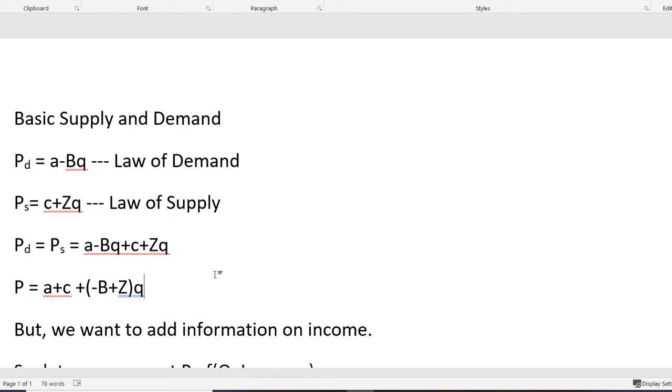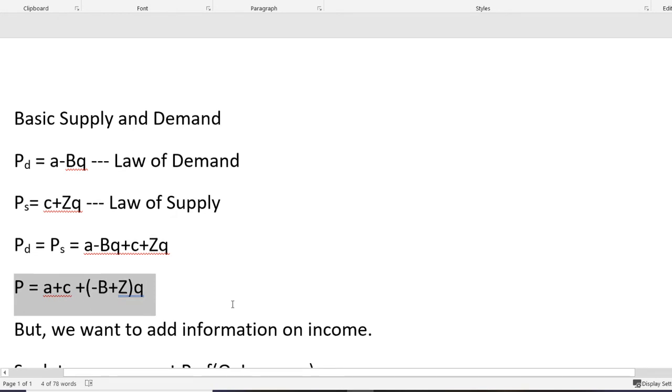We may just be interested in a simple question: how does quantity vary with price? Well, the equilibrium quantity here is determined both on supply and demand. So this equation here doesn't really give us the information we want.